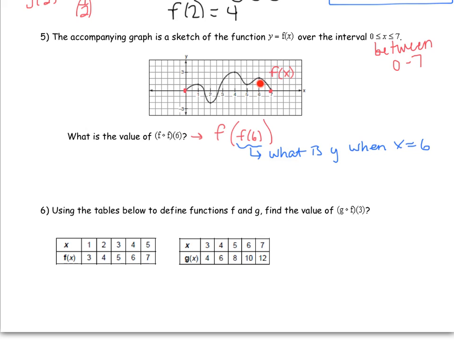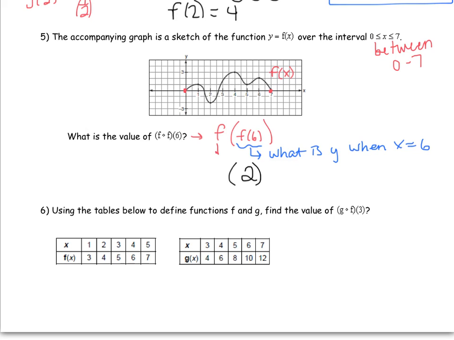Look up. y looks like 2. That's your answer. What is y when x is 6? So we'll do it again. Went over 6, and what was the y value? The y value was 2. So that means f of 6 is 2, because 2 is the y value when x is 6.